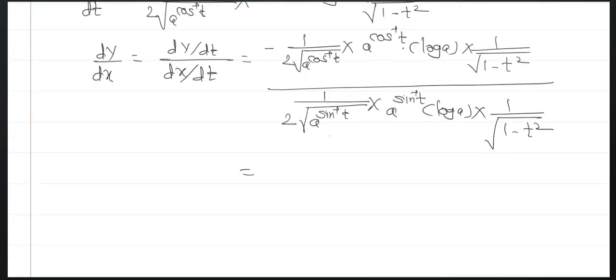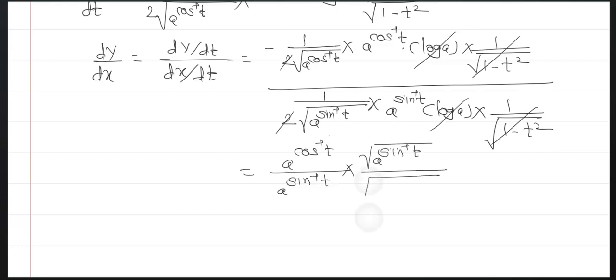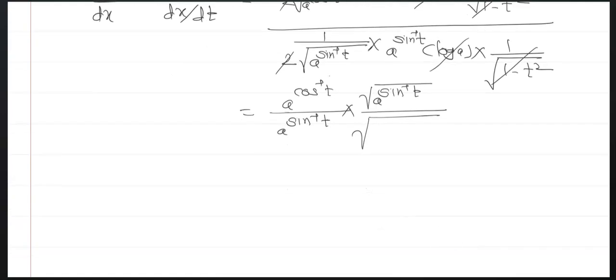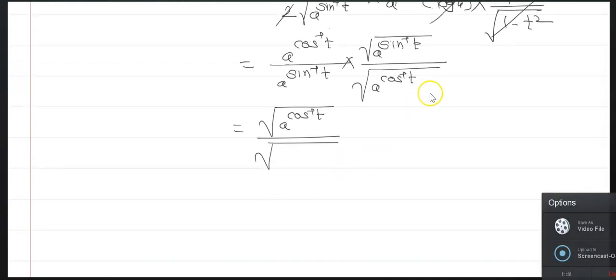Now the terms will get cancelled. Therefore, the remaining terms are a raised to cos inverse of t upon a raised to sine inverse of t into root of a raised to sine inverse of t upon root of a raised to cos inverse of t.